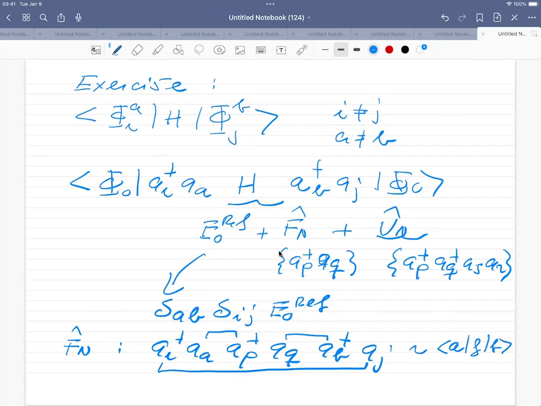The other contraction which you can make is that the operator a_I^† is contracted with a_Q, which means that a_P must be contracted with a_J. And that leaves the particle states to be contracted with each other.